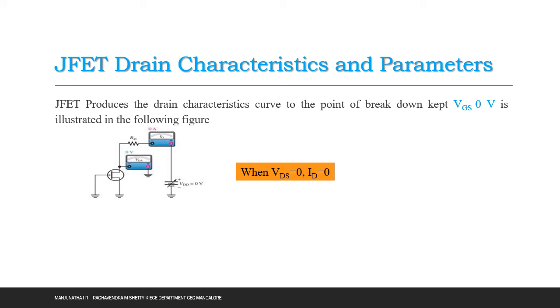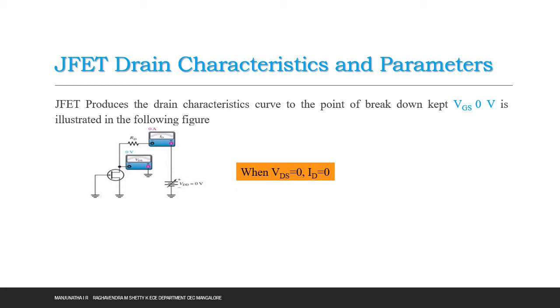Here, this pictorial representation says that we have considered an n-channel JFET. Because the arrow mark is heading towards the gate, I can say this device is an n-channel JFET, and VGS is 0 because there is no VGG, and still we are giving VDD.